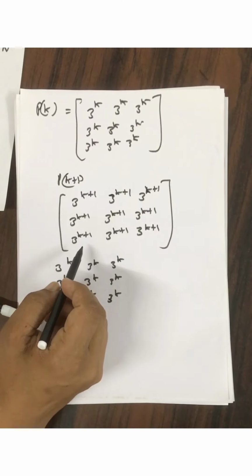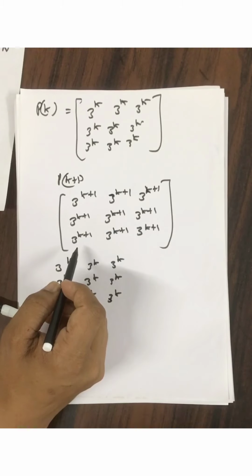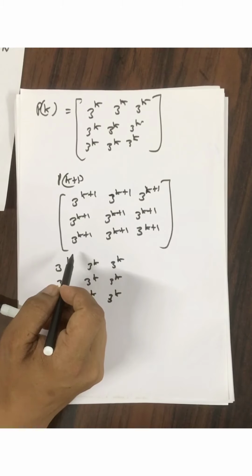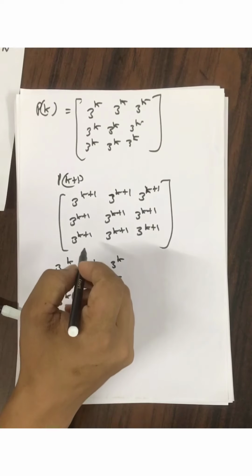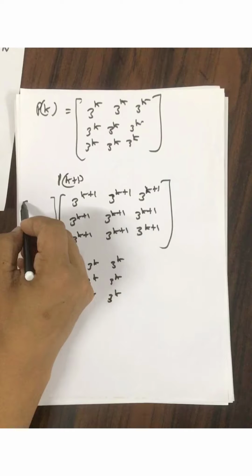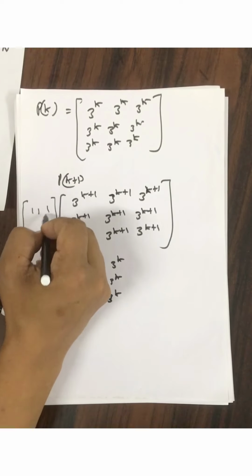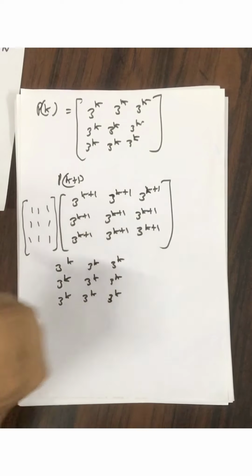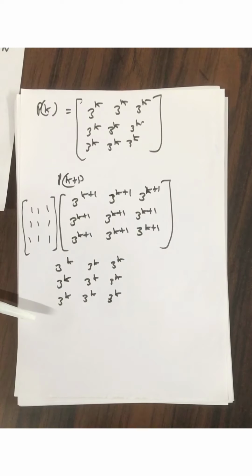See, this one is 3 to the power k. Right? So once we do it for k plus 1, we have done this. Can we multiply this by the all-ones matrix? Because it will not matter. And what was this actually?